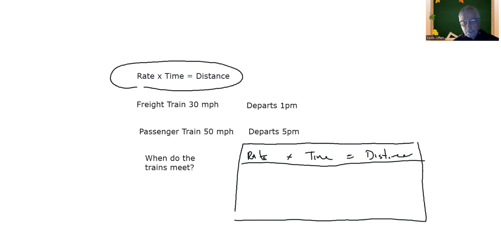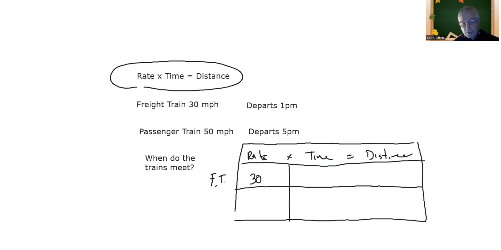And then what you want to do is set a row for each of the trains. You have the freight train, so let's do FT for freight train, which is traveling at 30 miles per hour. Departure time is 1 p.m., but you don't need that 1 p.m. You just have to remember that.